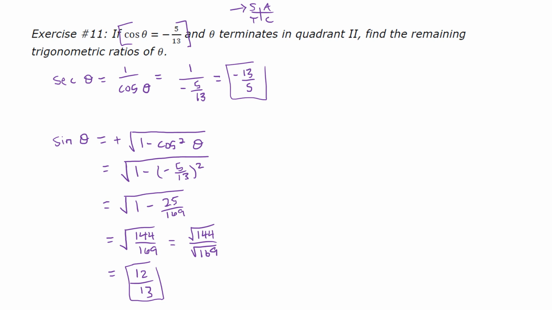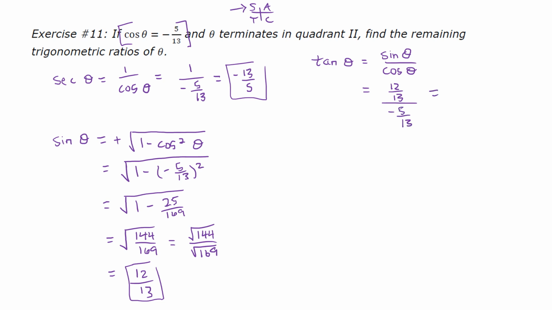Okay. Since I know the sine of theta, I can find the tangent of theta. The tangent of theta is the sine of theta, which we just found, over the cosine theta, which was given. So the sine of theta is 12 over 13. The cosine of theta is negative 5 over 13.